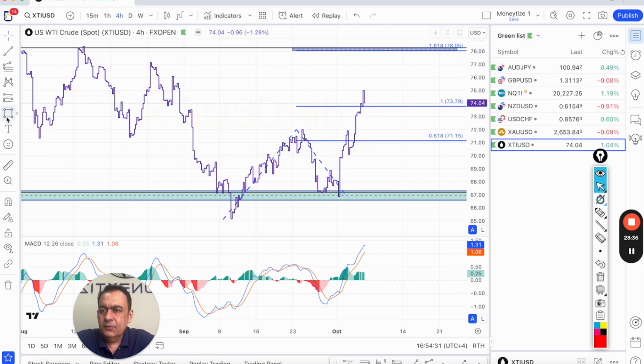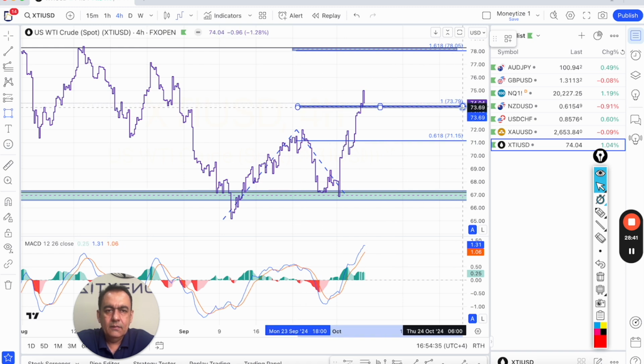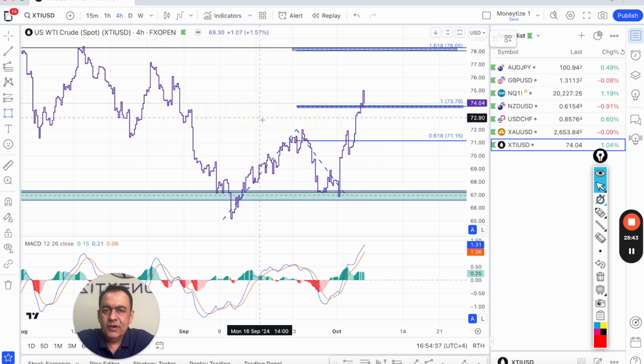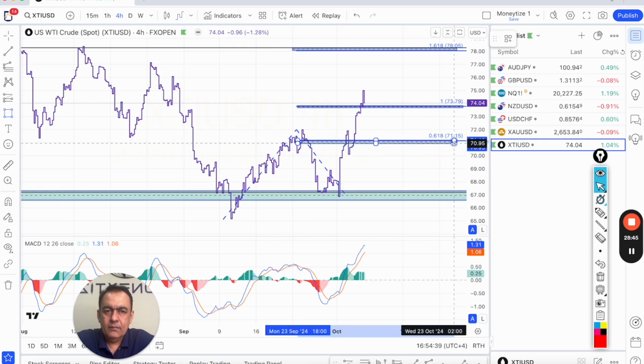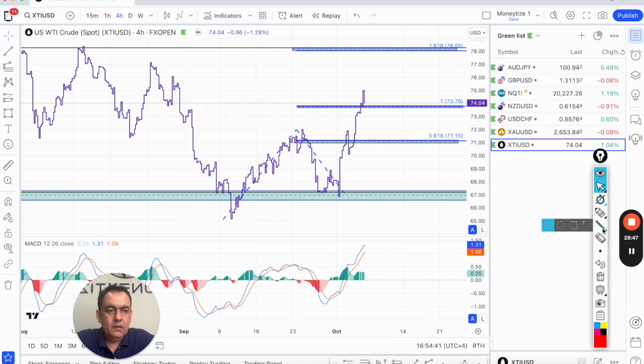And the major support levels based on Fib are 73.79 and 71.15. And the bullish momentum is intact, higher highs, MACD lines are getting higher, only histogram end-to-end divergence building up, which is not strong.